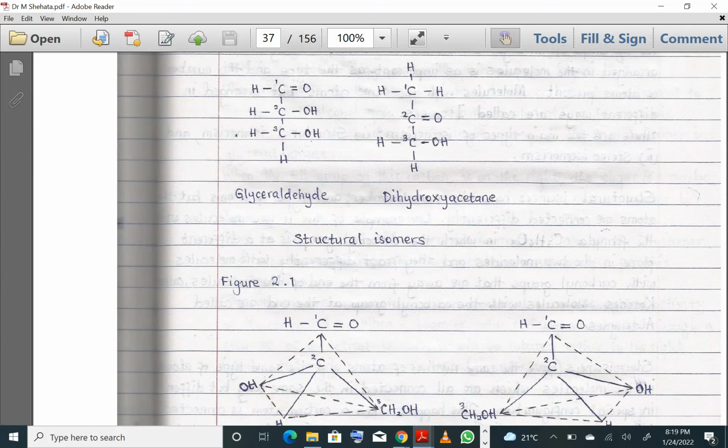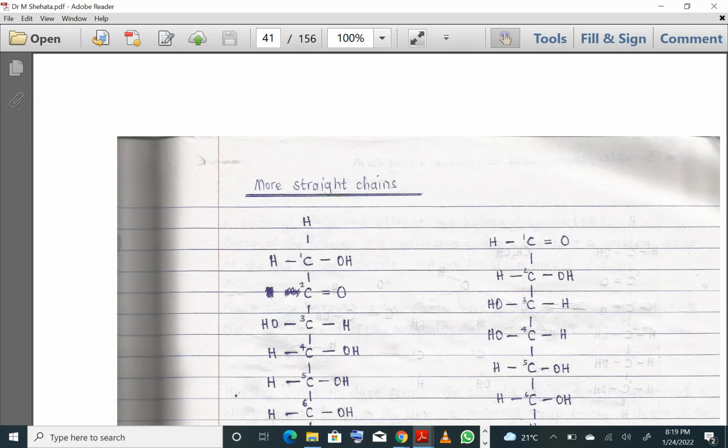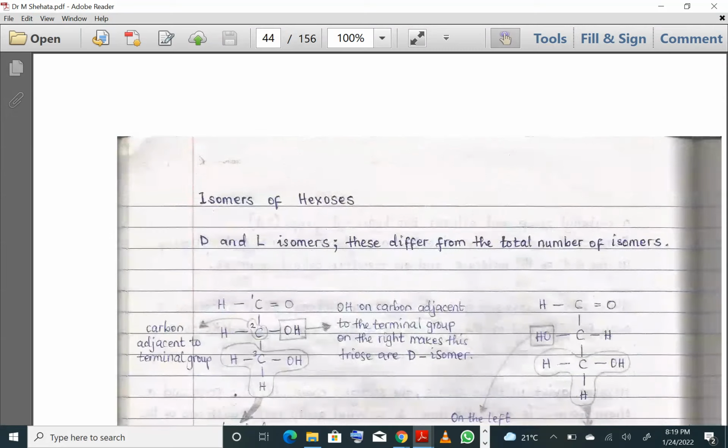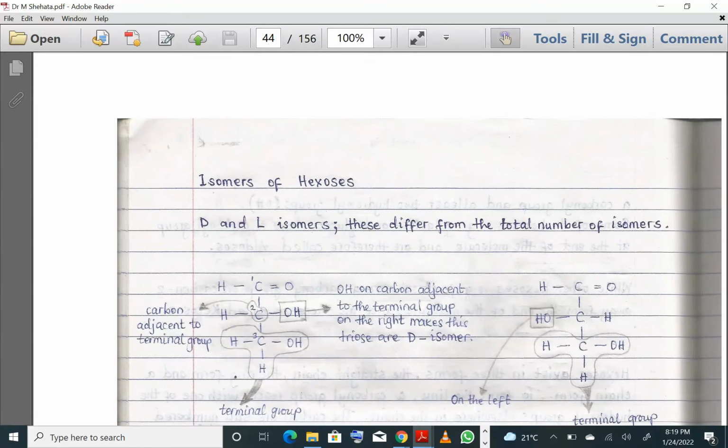So we've understood how we are getting at the terminal. Now that we've identified our terminal group, we are checking for the carbon that's adjacent to the terminal group. So meaning the carbon that is next to the terminal group.